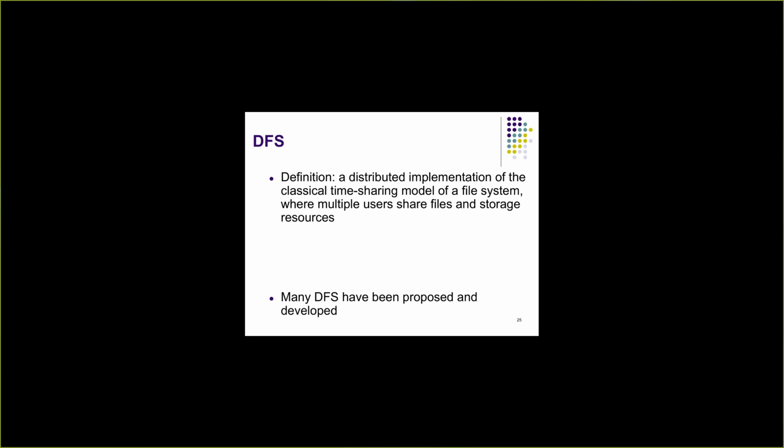Many distributed file systems have been proposed and developed. If you just Google distributed file systems, there are multiple, and each of them is optimized for a particular use case.